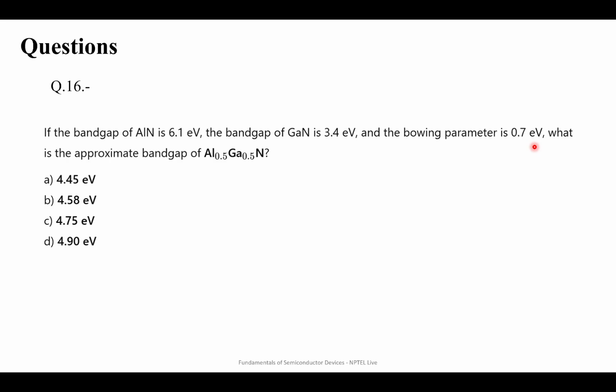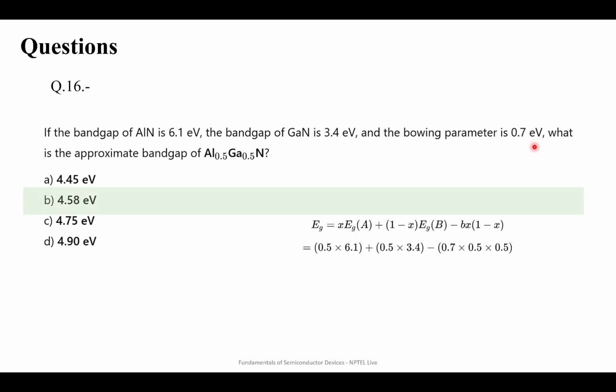You are wrong. The correct answer is 4.58. With the bowing parameter, the formula is this. This is the formula without the bowing parameter, x of EgA plus 1 minus x of EgB, and you apply the bowing parameter as minus b times x into 1 minus x.